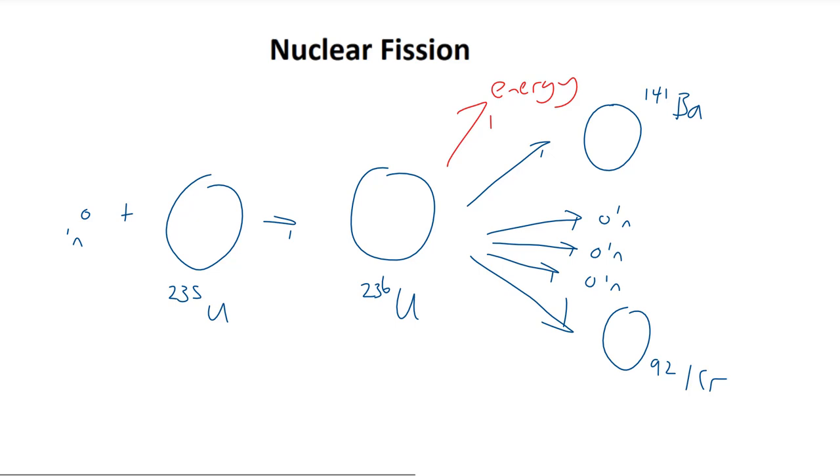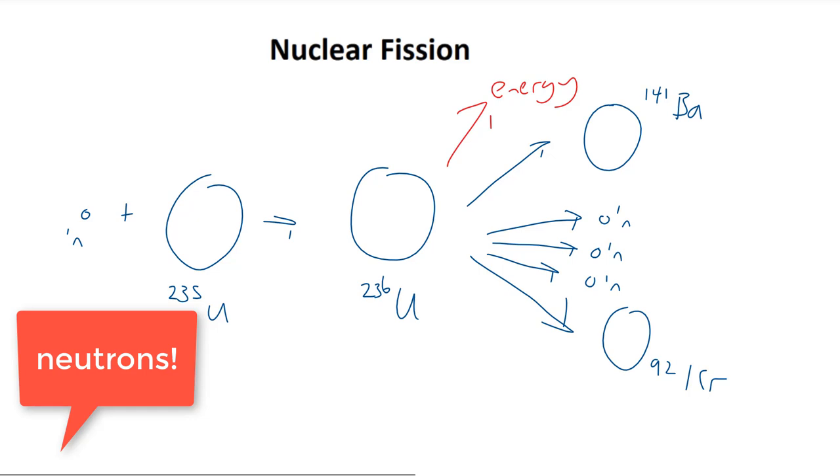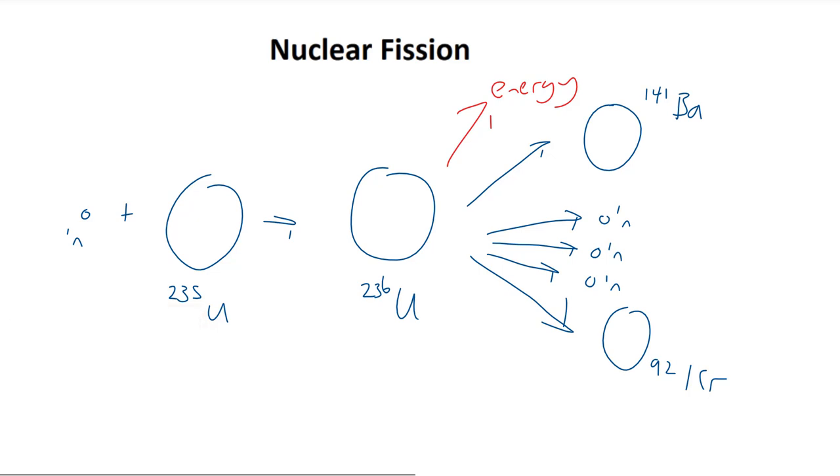Now we have 3 neutrons which can interact with 3 different uranium-235 nuclei, creating 9 neutrons, and so on. There is a chain reaction with energy released each time. This is one of many reasons why it is typically nuclear fission that occurs in a nuclear reactor on Earth.